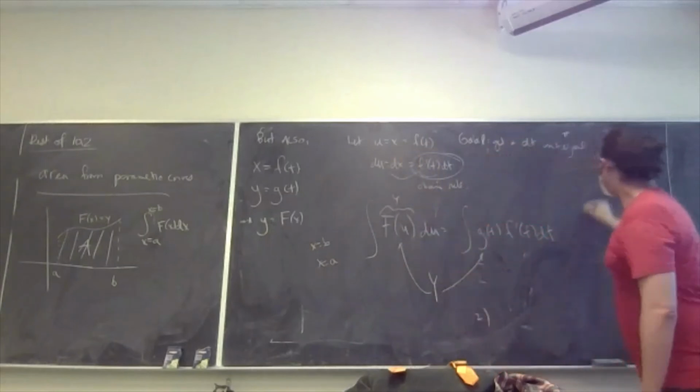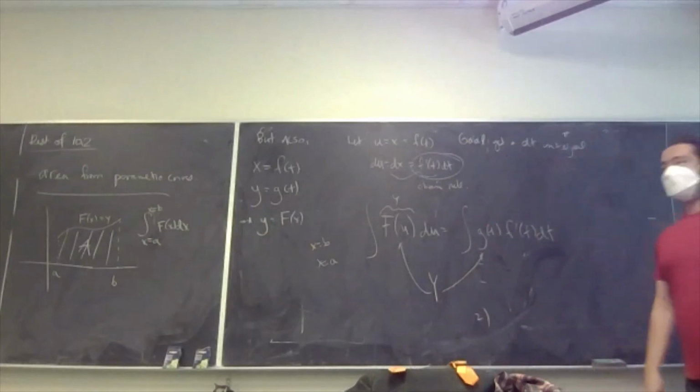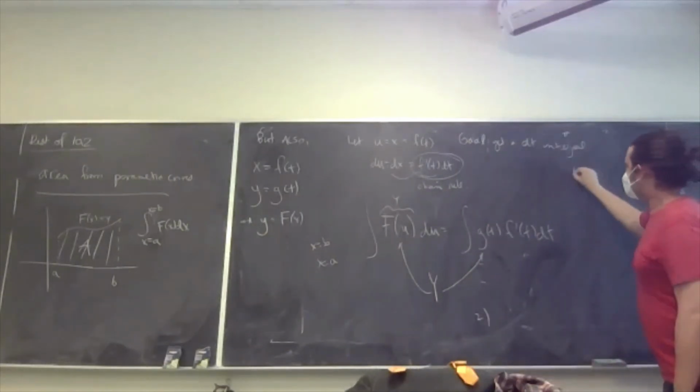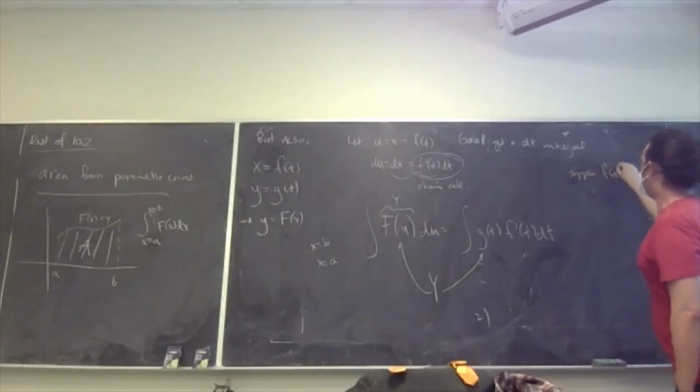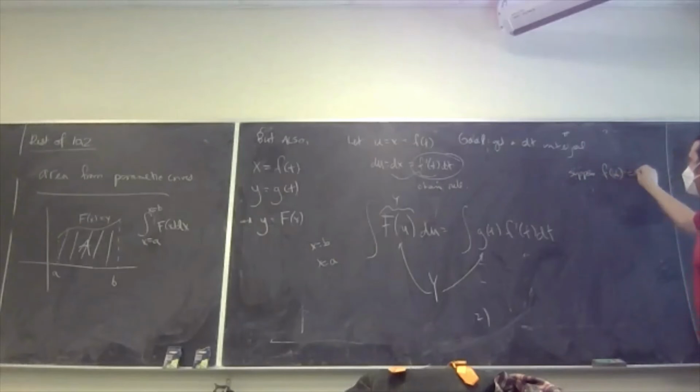So instead, you just state the following. Suppose that f of alpha is equal to a, and f of beta is equal to b. So it's just the t value that produces a and the t value that produces b.